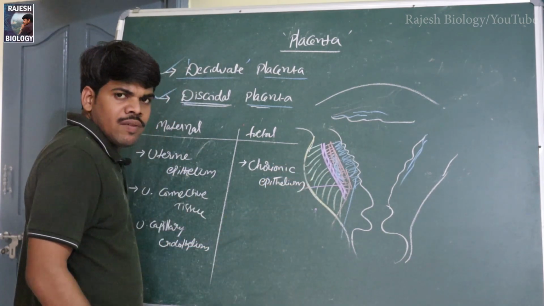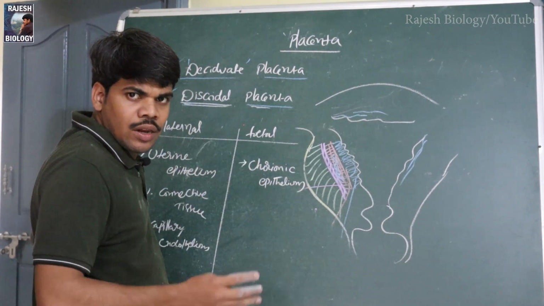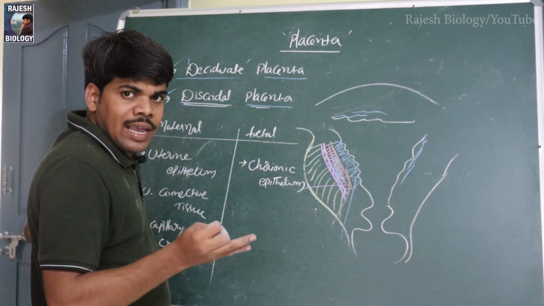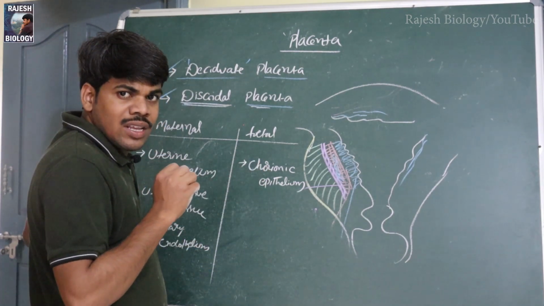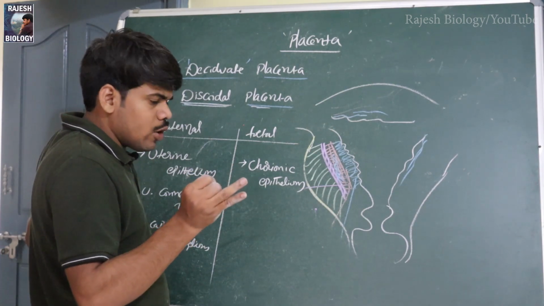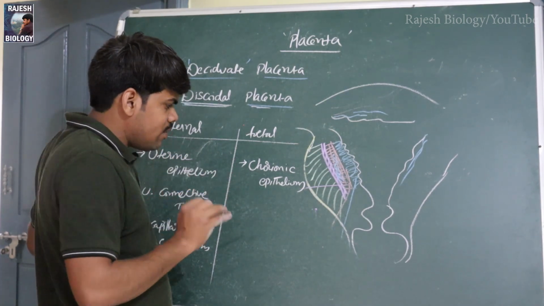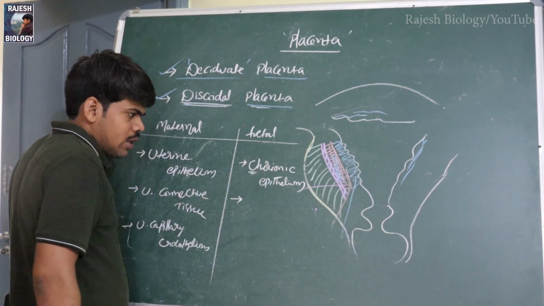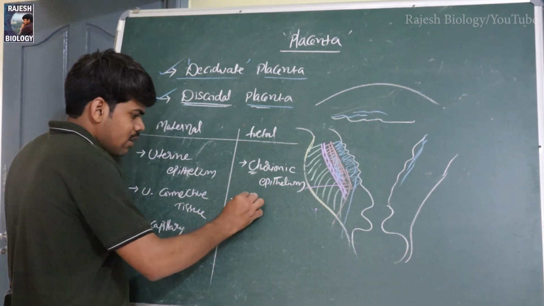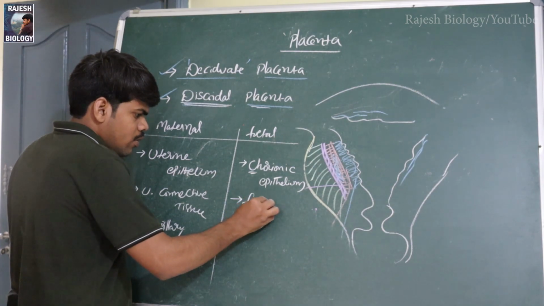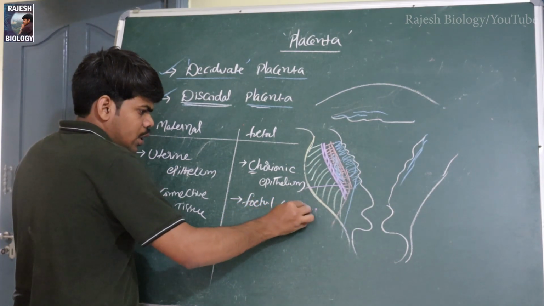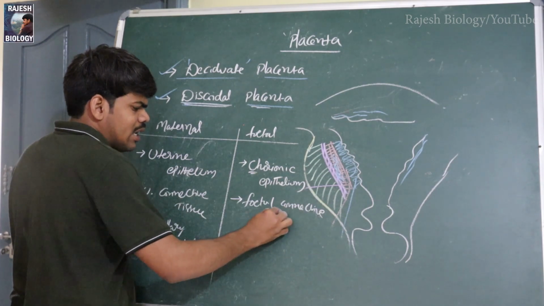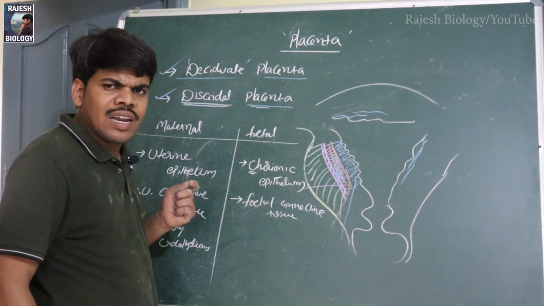We already discussed previously that there are four extra embryonic membranes: amnion, yolk sac, chorion and allantois. Of these, the chorion and allantois together participate in the formation of the placenta. Mainly the chorion is important. There is the chorionic epithelium and the fetal connective tissue. What does fetal connective tissue mean?